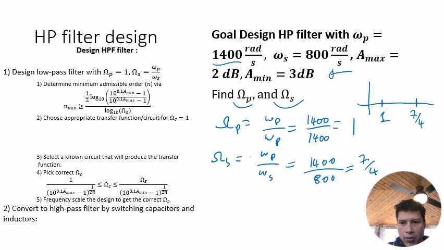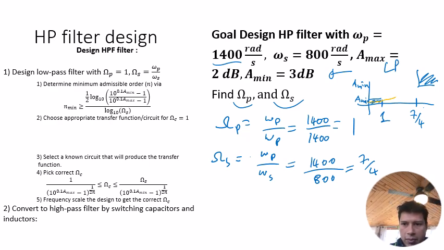And if we look at our A max and A min, we need to be under here, and we need to be above here for designing our low pass filter. So this is our low pass. Let me choose a different color.